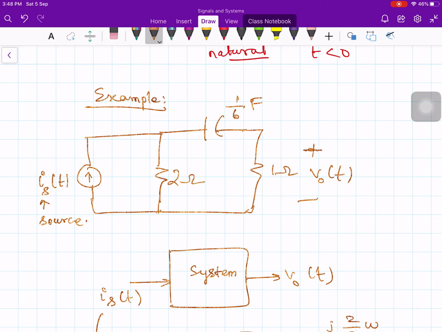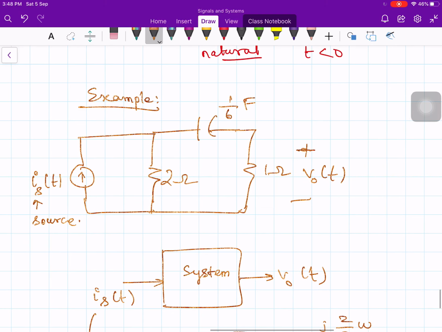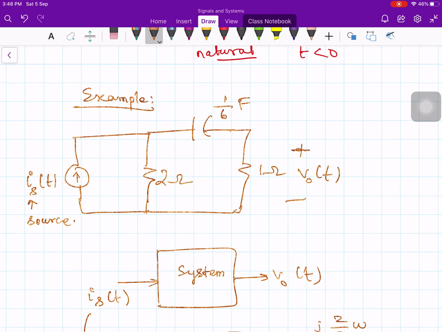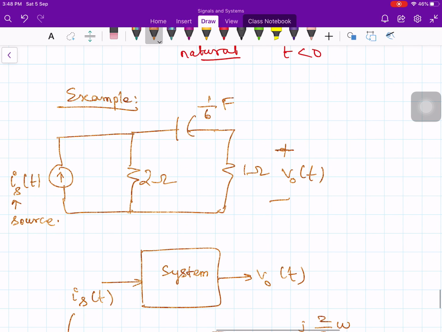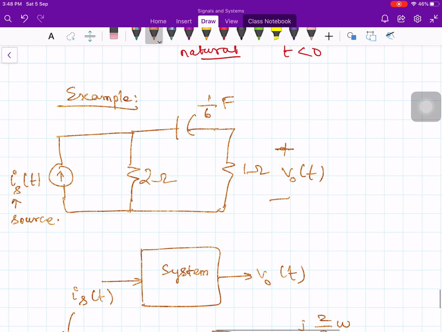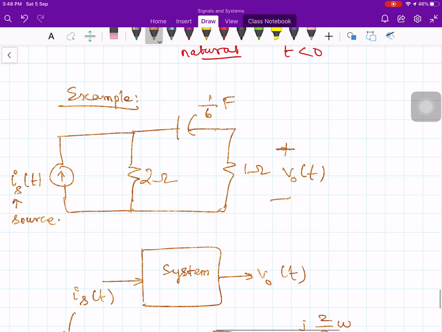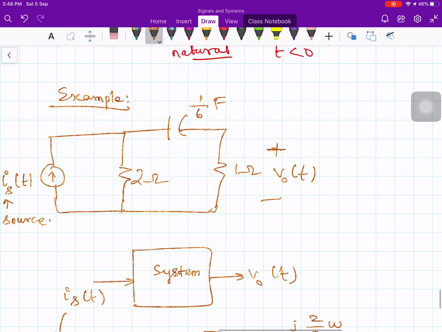like in the transform domain, I'll draw the figure. If you have a capacitor, that capacitor becomes 1 over SC, its impedance, and L becomes S times L, and R will be as it is, R in the transform domain.